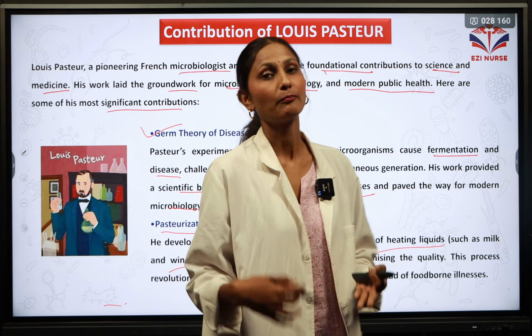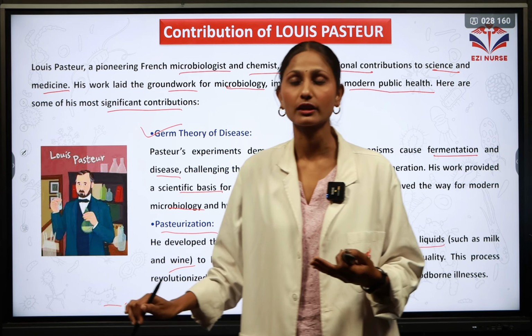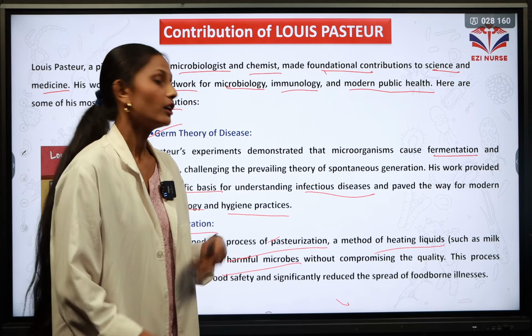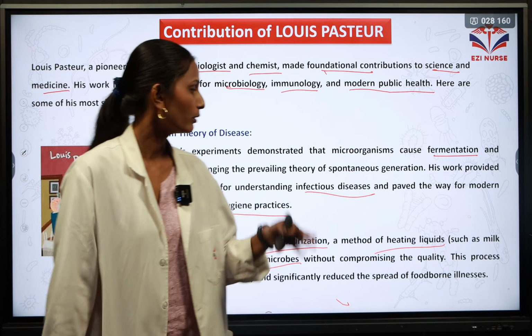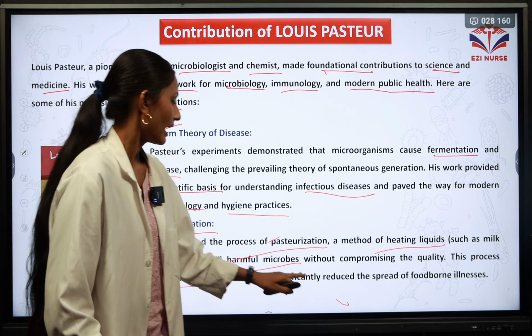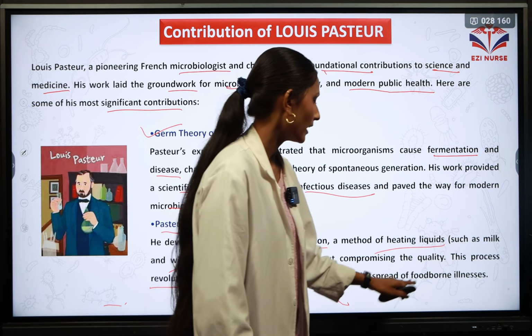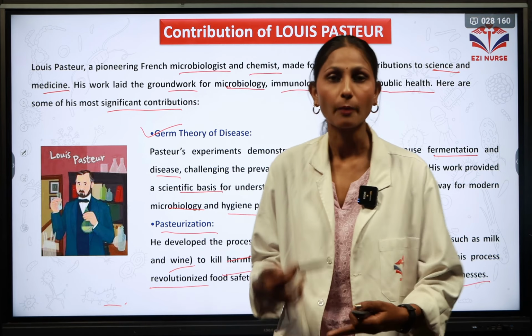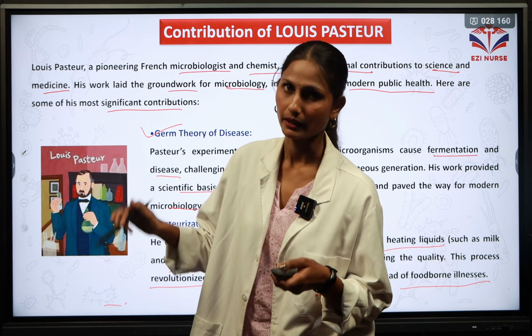So with the help of pasteurization we can kill the microorganisms without disrupting the quality of the food. This process revolutionized food safety and significantly reduced the spread of foodborne illness.